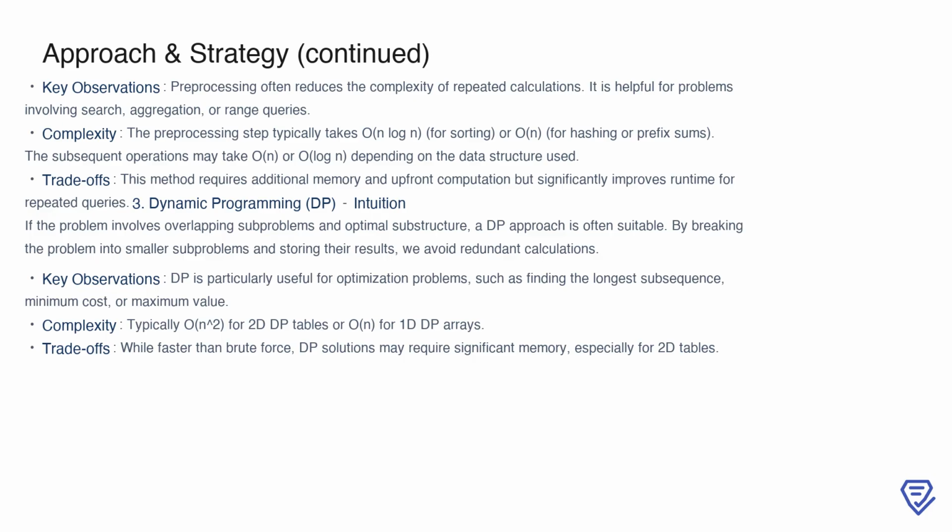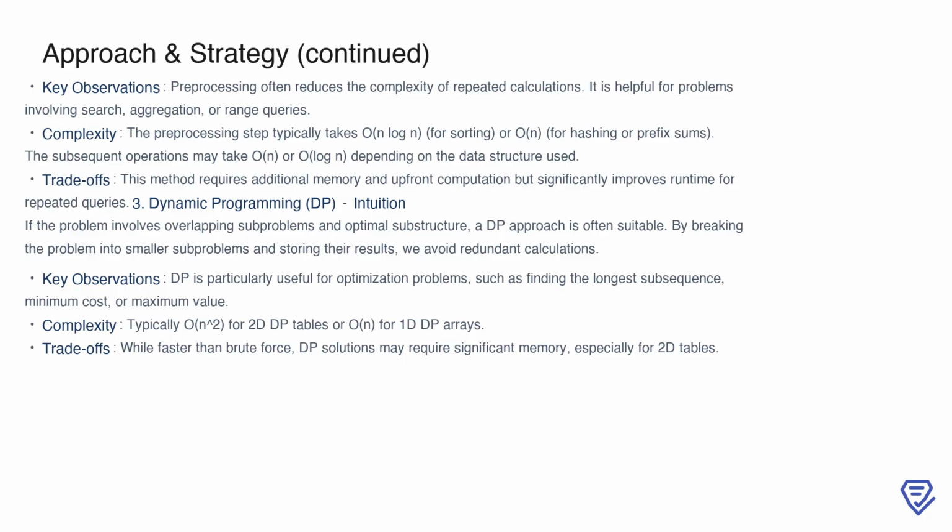Pre-processing the input data is a powerful way to optimize performance by eliminating redundant calculations before the core logic begins. For instance, methods like sorting, hashing, or using prefix sums can significantly simplify operations later in the process. The key insight here is that pre-processing often reduces the complexity of repeated calculations, making it especially useful for problems involving search operations, aggregation, or range queries.